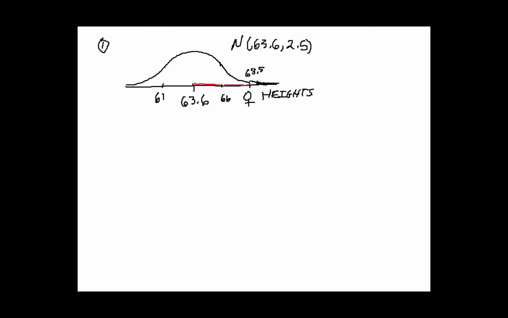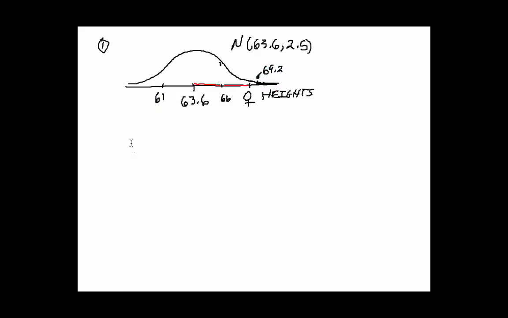Let me get rid of this other number. Houston, we got an issue. It's not going to let me get rid of that 6. All right, there you go. Okay, so I want to put in the right number there. That's my 69.2, right there, and I want to know what that area to the right of 69.2 is.